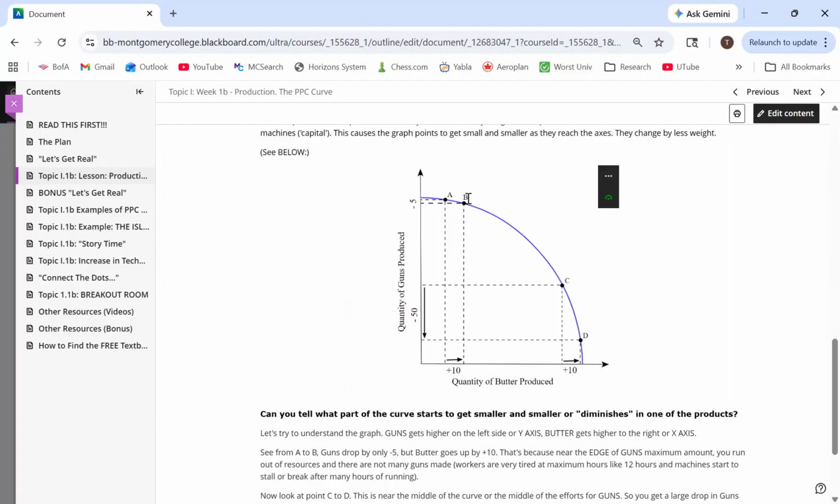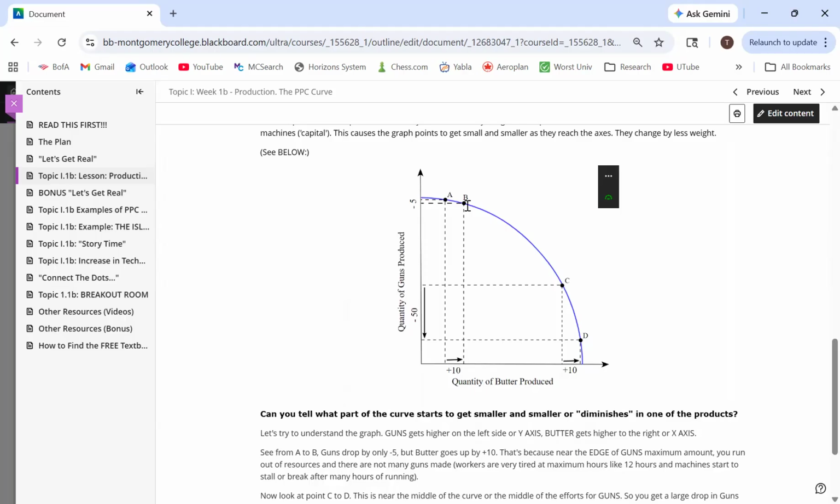So if you lay off these workers here who are making butter, going across is butter, and going up is guns, and you lay off these workers here making guns, you're only going to lose like 5 boxes of guns, because when these workers get to the top of the guns, it means making guns all day, all day, all day. Machines are going to get tired. People are going to get tired. Machines do get tired, by the way.